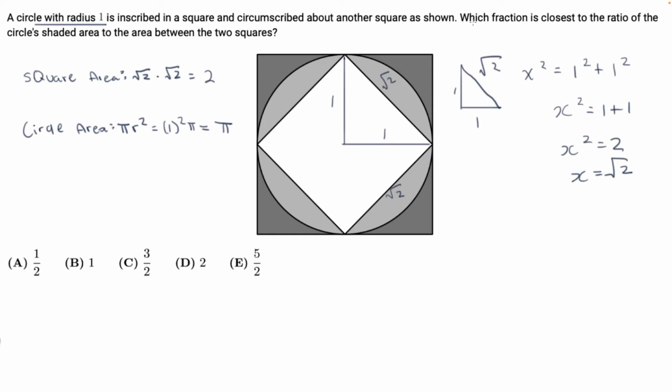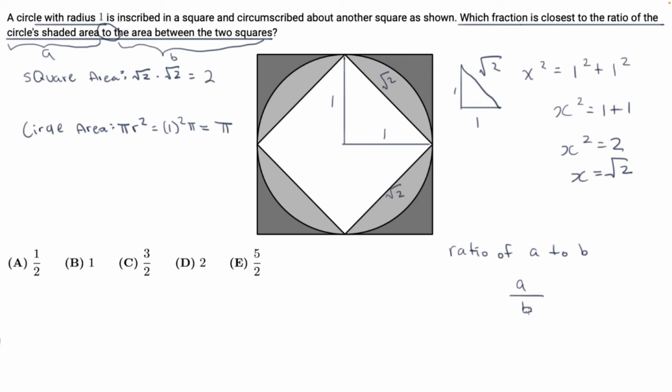And then we're looking for the fraction that is closest to the ratio of the circle shaded area to the area between the two squares. First, the circle shaded area we can write as part A, and the area between the two squares we can write as part B. We're finding the ratio of part A to part B. If we write it as a fraction, we have A in the numerator and B in the denominator, since it's a ratio.